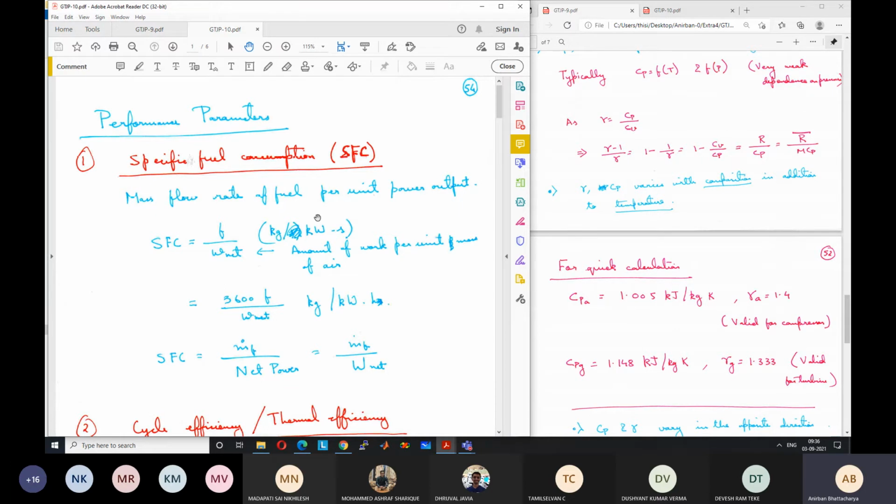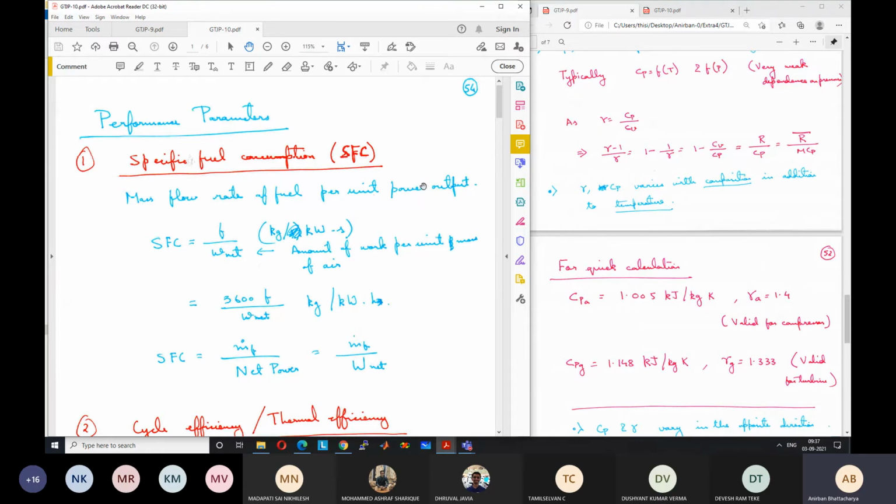Previously, we defined thermal efficiency for the ideal cycle and specific work output. Another very important parameter is the specific fuel consumption. It is defined as the mass flow rate of fuel per unit power output.